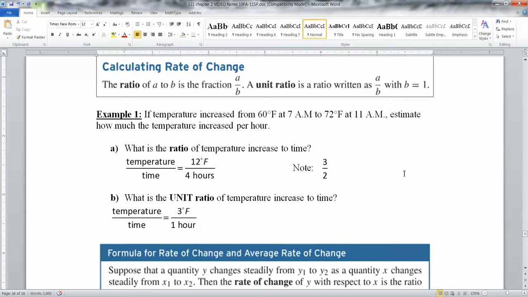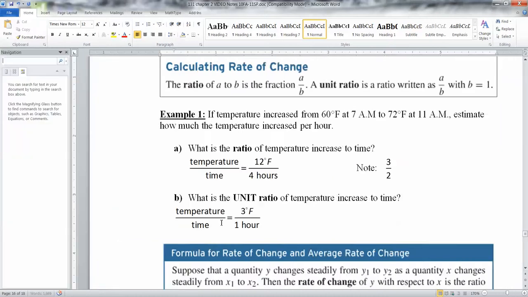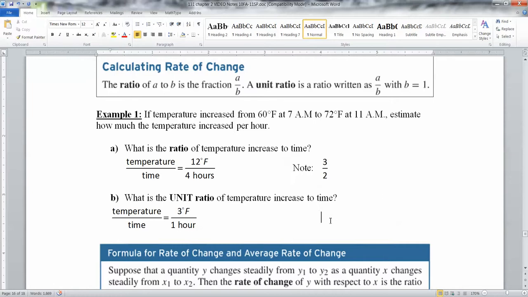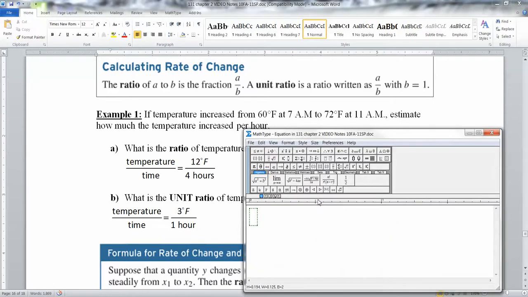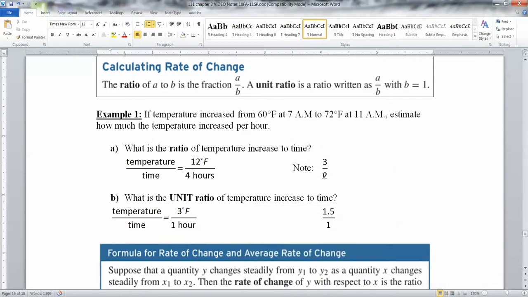If it was 3 degrees Fahrenheit over 2 hours, then you would say 1.5 over 1. So that's how to make a unit ratio with one that doesn't work out. So we just add them in over there.